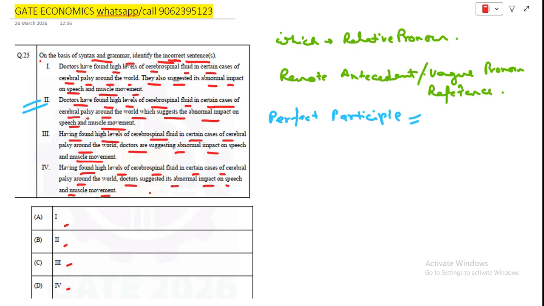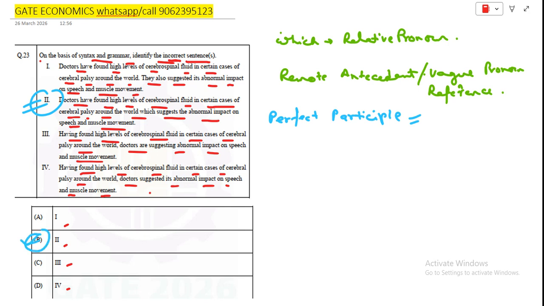Now this creates a logical nightmare where the earth is suddenly a medical expert giving us advice on the muscle movement, right? So even if we wanted which to refer to the whole situation, we usually need a comma before it. That is the non-restrictive clause. Without the comma, it's a total syntax problem. Okay. So statement 2 is the incorrect one.